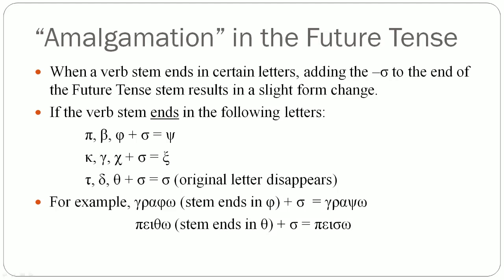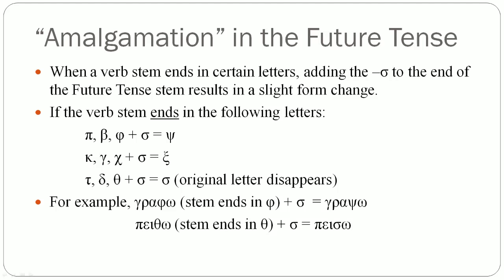Peitho, the theta will drop out, you're left with a sigma, so you have peiso. Peitho means I trust in, and so peiso means I will trust in.